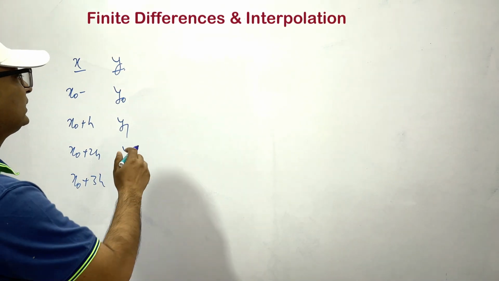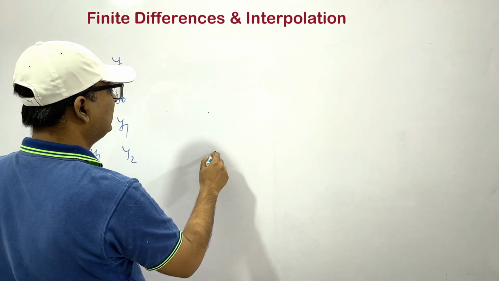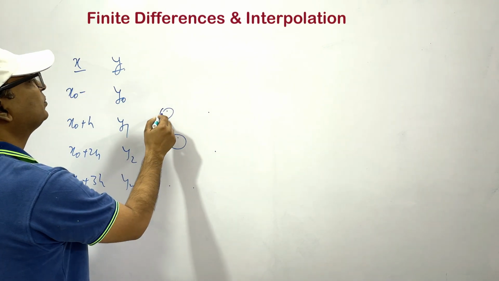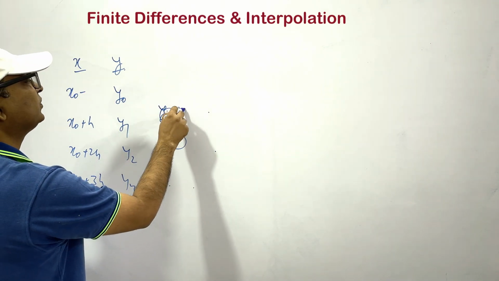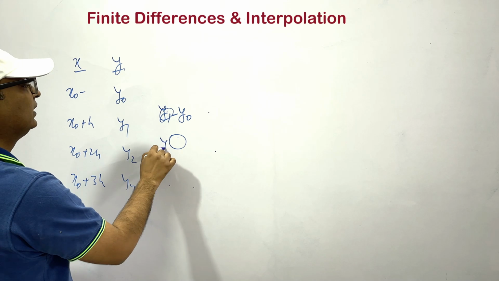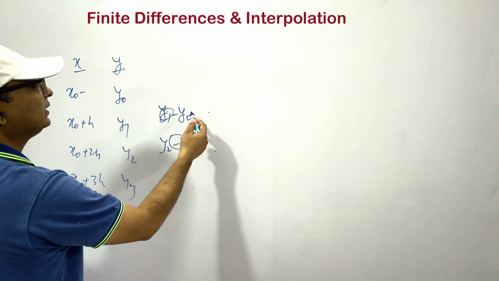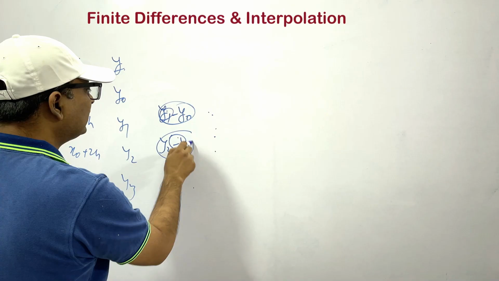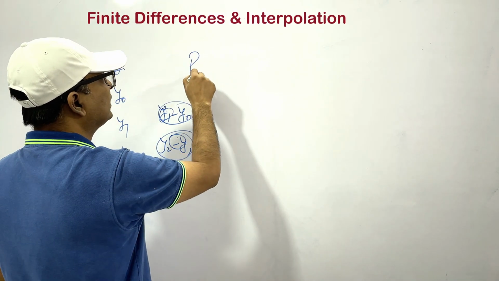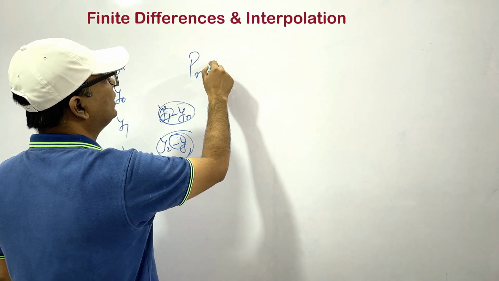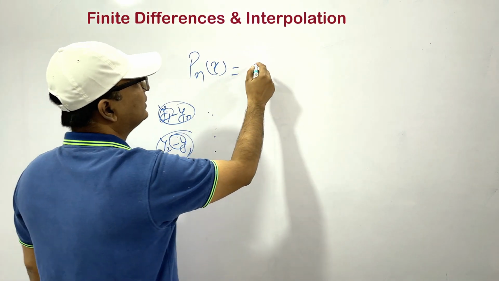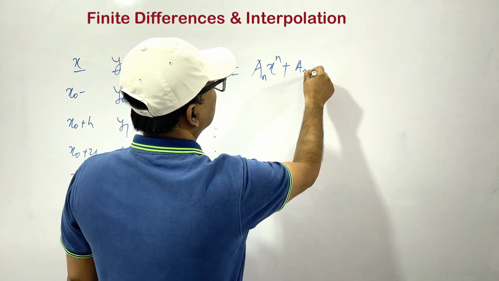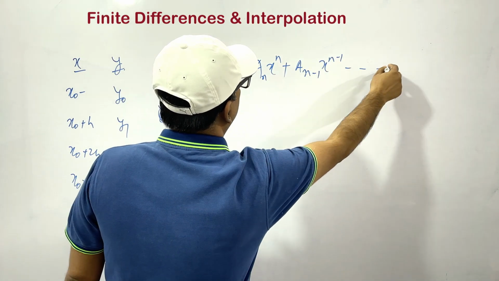Okay, so first we create a finite difference table. Then we use these values. For example, this is y1 minus y0, just understand this is y2 minus y1. Similarly, this is something minus something. Now we use these values to formulate a polynomial in x, let's say with xn minus 1 and so on.